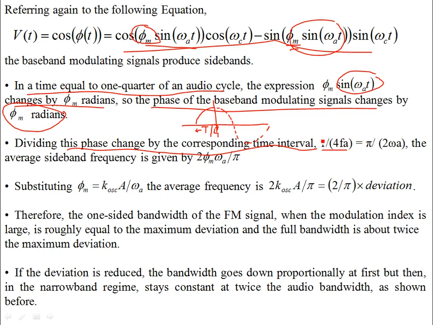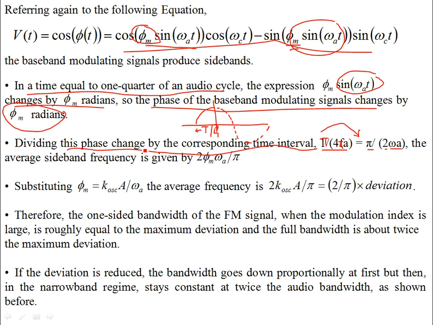Multiplying by pi in the numerator and denominator, 2 pi fa is omega a, and you are left with 2 omega a, and there is a pi in the numerator. That's your time interval.